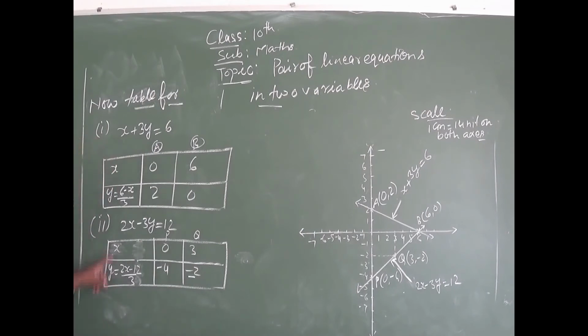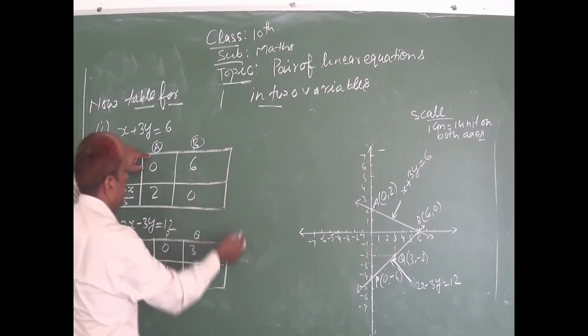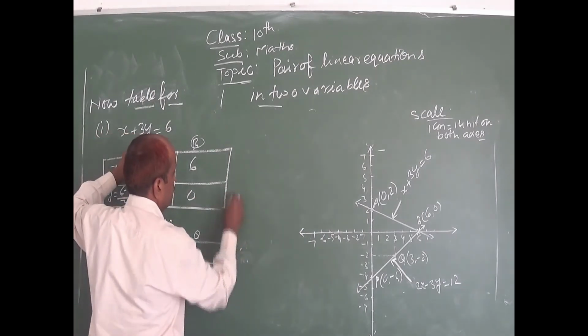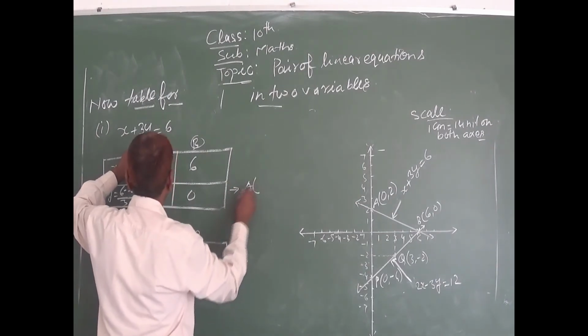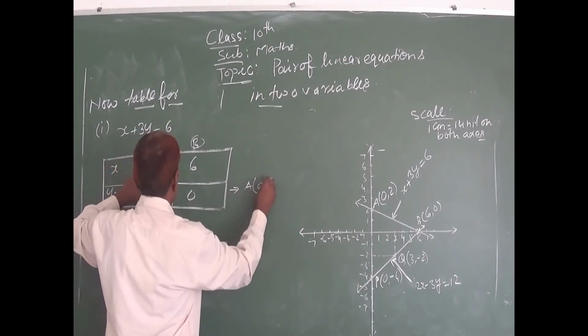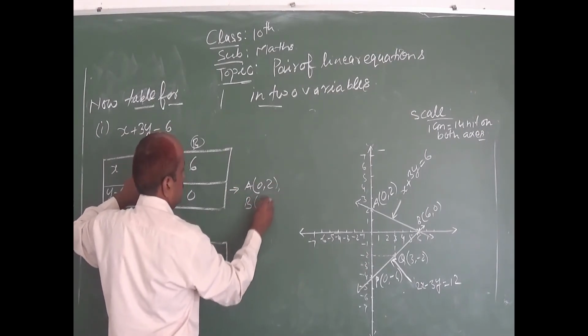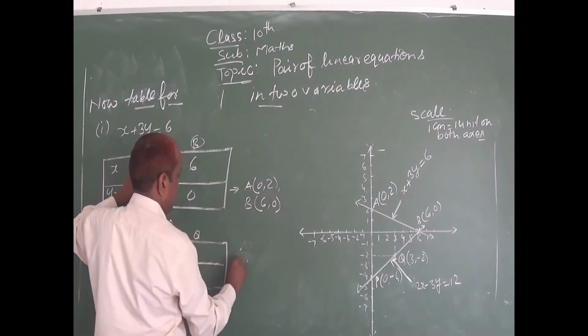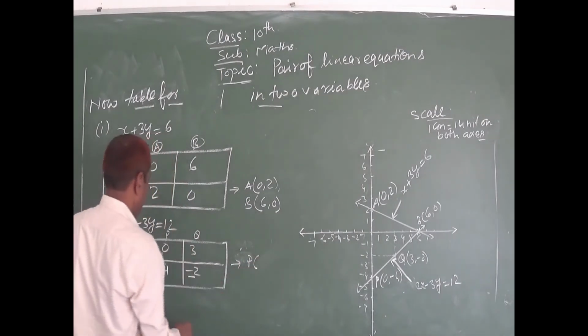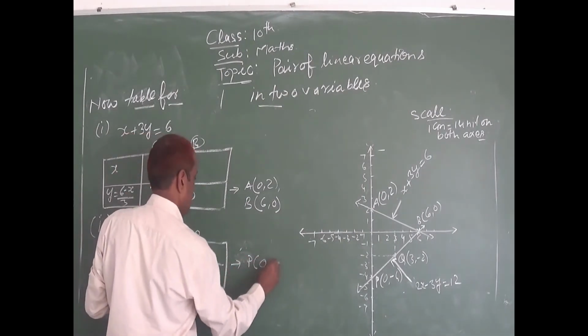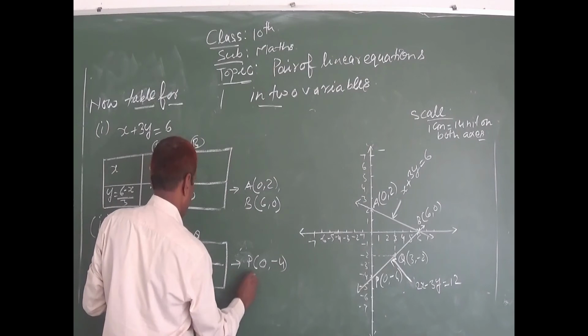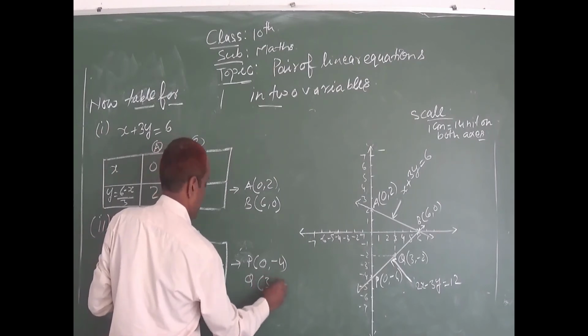So students, we get the coordinates: A is 0, 2, and B is 6, 0, and for the second equation P is 0, minus 4, and Q is 3, minus 2.